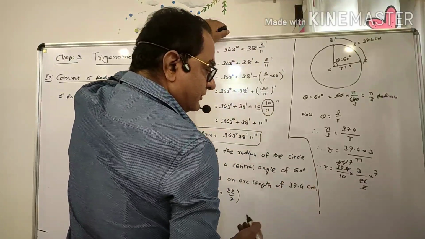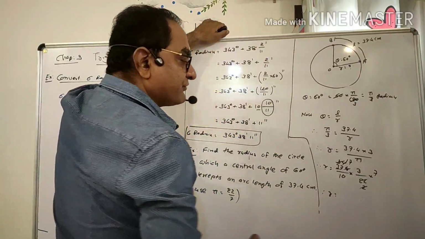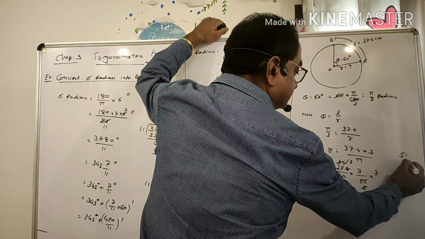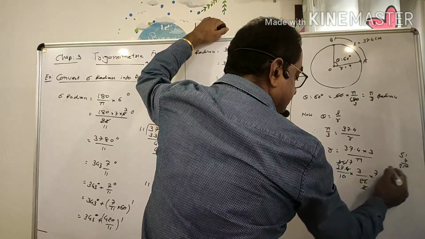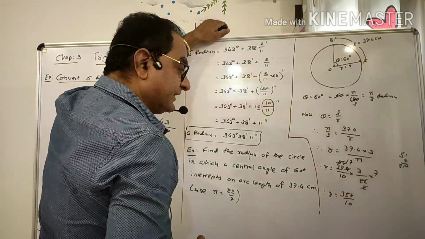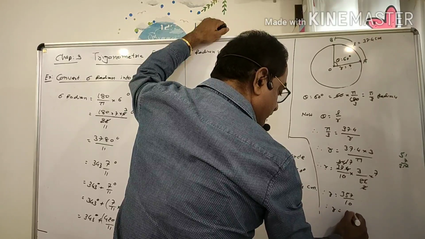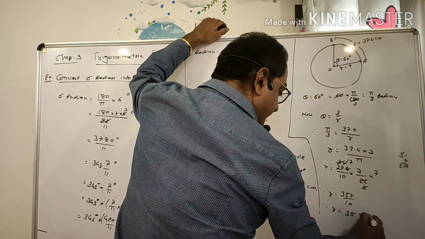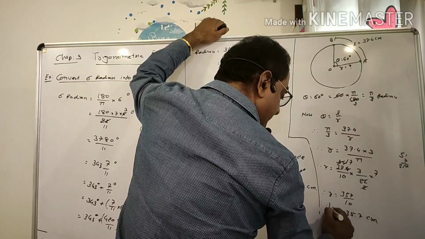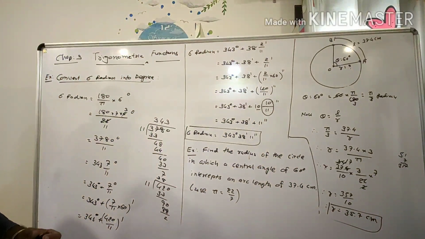Now no further division is possible, so R equals 51 sevens are 357, by 10. So R equals 35.7 centimeter, because the arc length is in centimeters, so the radius should also be in centimeters.